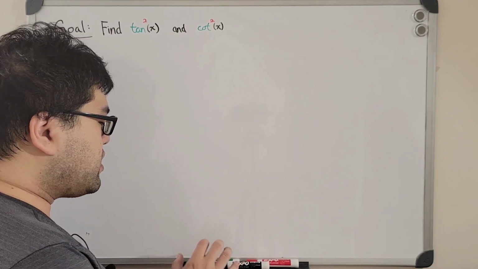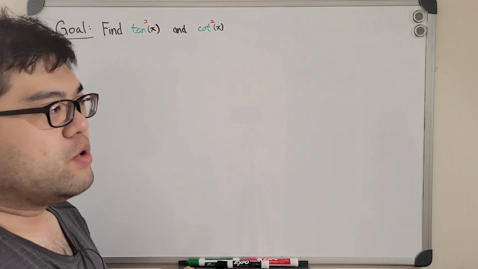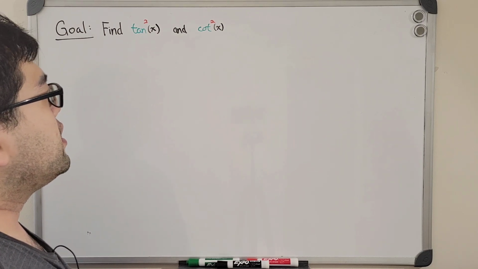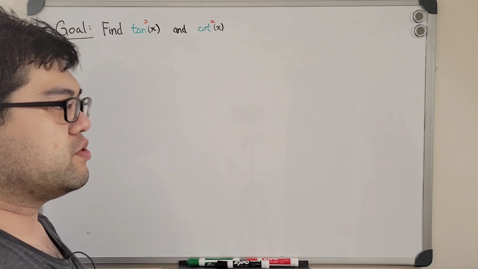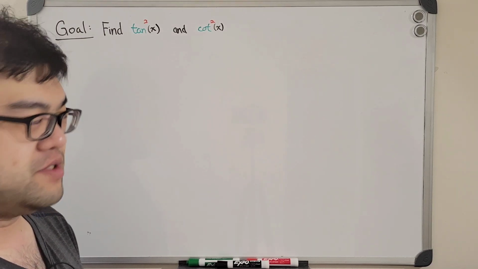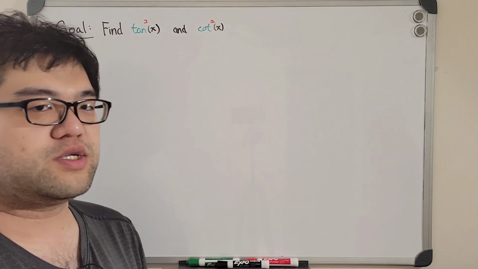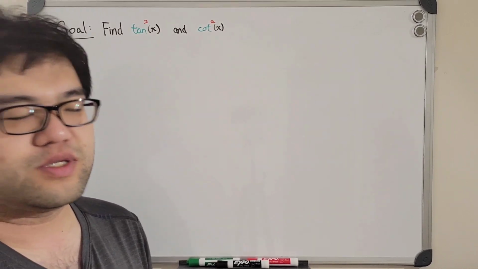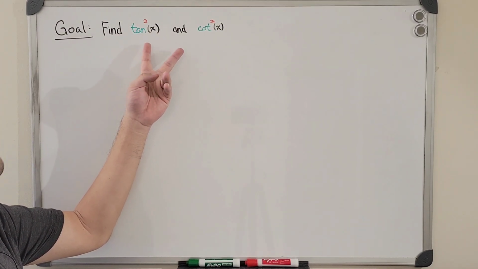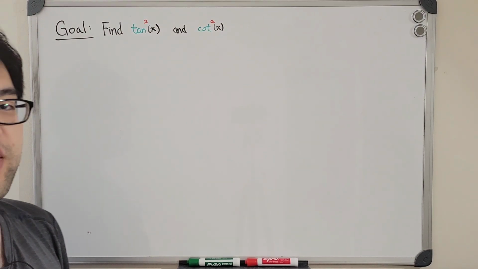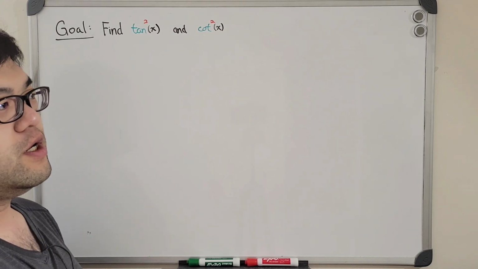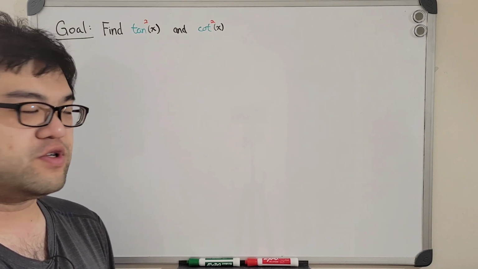But other than that, usually we will not try to push a little bit more, including moving to a higher power, as well as to other trig functions such as tangents, cotangents, secants, and cosecants. So today we're going to first try to find the expression of tangent² of x and cotangent² of x in terms of some linear trigonometric functions.